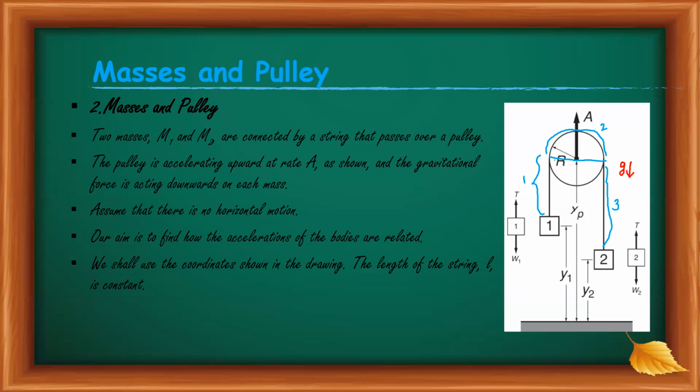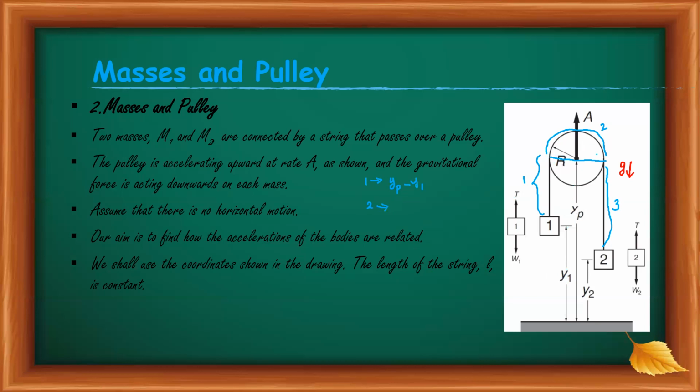So what will be this distance, marked as 1? Look at here, it is yp and it is y1. Then the first distance must be equal to yp minus y1. And the second distance, what is the second distance?